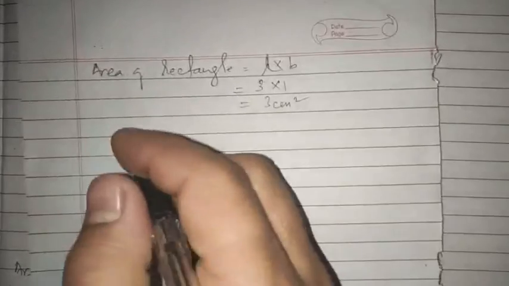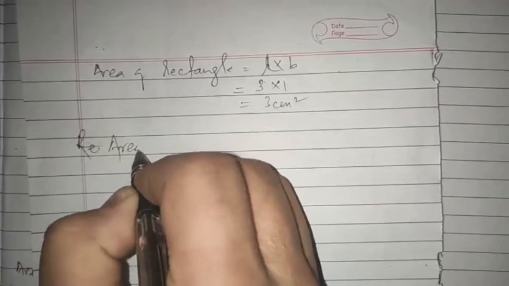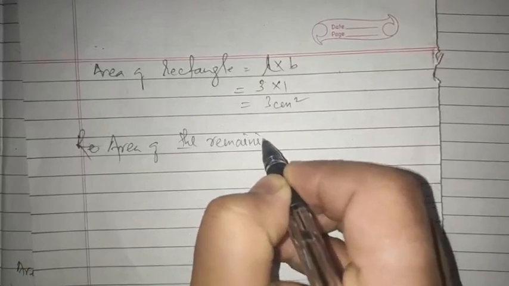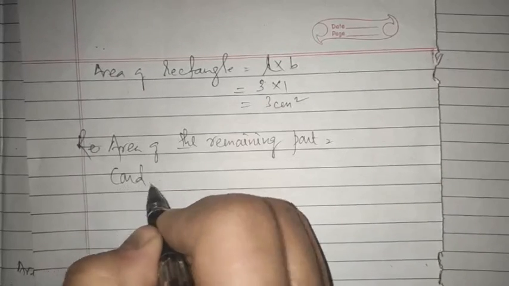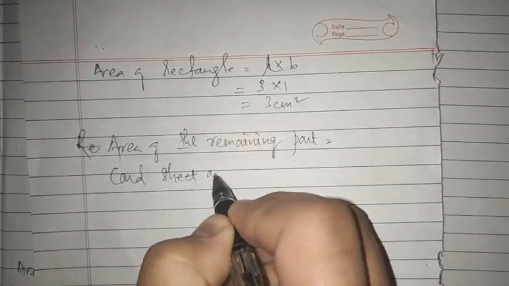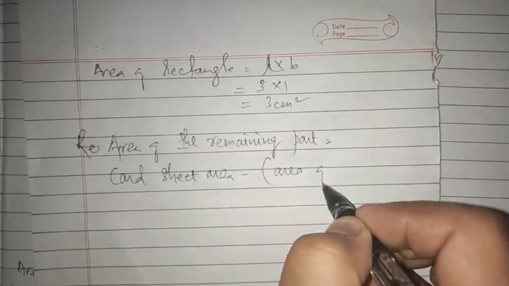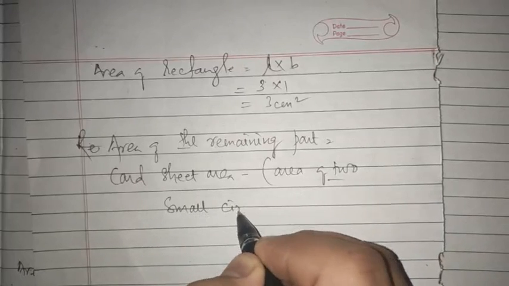It's easy. So let us write: area of the remaining part is equal to card sheet area, whatever the actual area, minus area of two small circles.